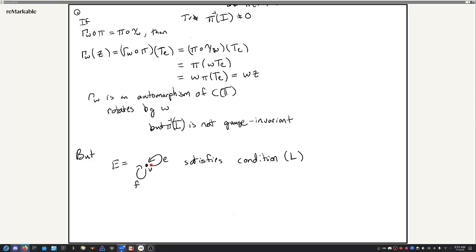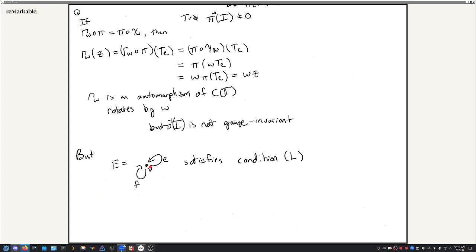And each one of them contains an entry. The entry is the other edge, not in the cycle. You could say, well, E, F is a cycle, but by cycle I mean some path which only passes through V at the beginning and at the end, and not in the middle. So here, what I mean by cycle, the only cycles are E and F themselves, and the entry is the other edge. So it satisfies condition L.